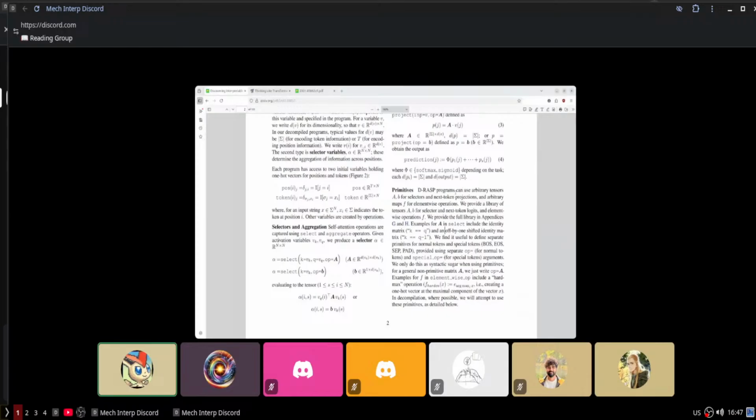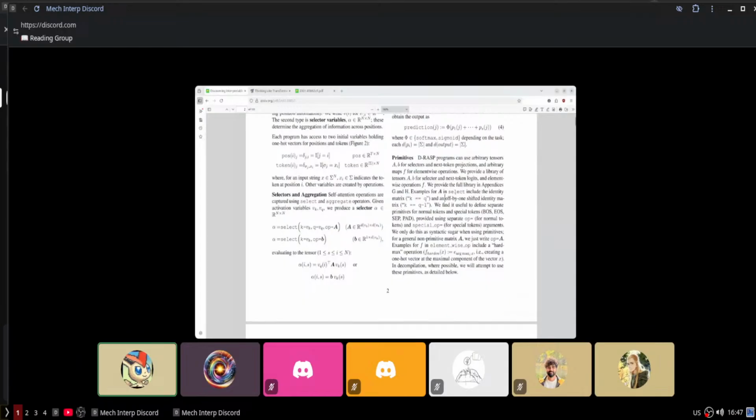But of course, the actual model, if you describe it fully this way, is going to be a giant pile of RASP operations, right?